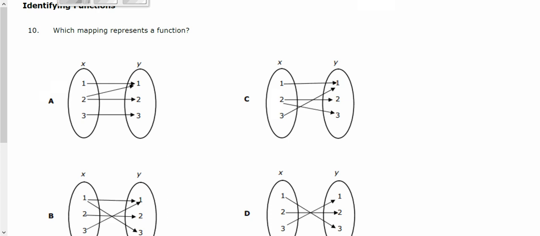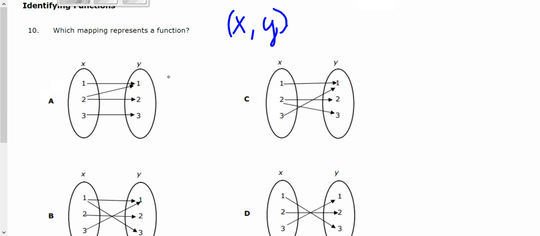Number 10, which mapping represents a function? So now we're in the identifying functions section. Remember, a function is when each input is paired with only one output. So each x has one y. But I really could write the coordinates for each of these, and there would only be one x for one y.